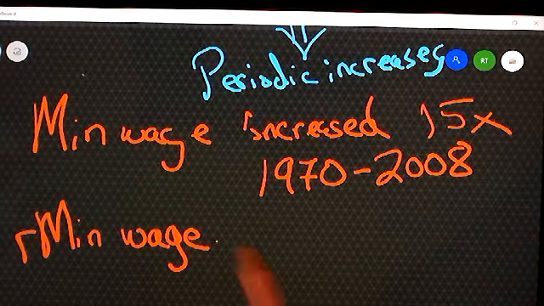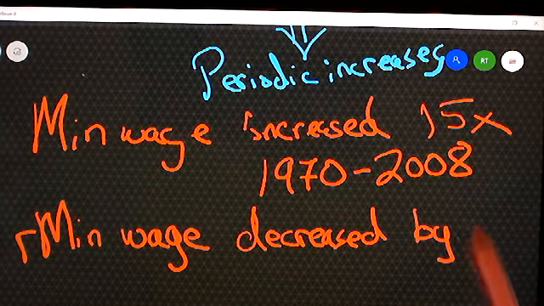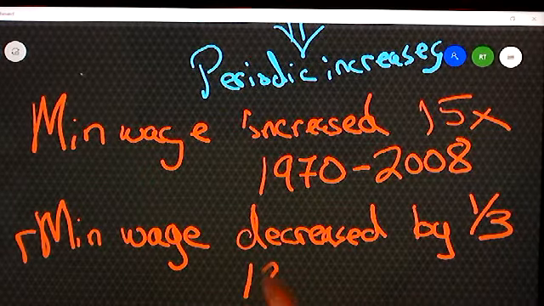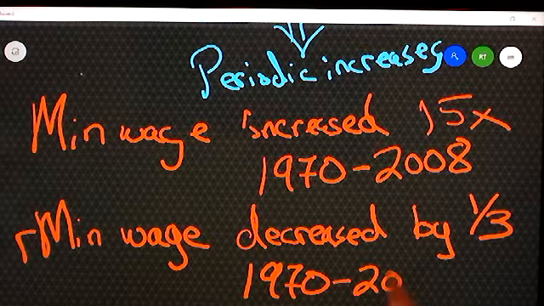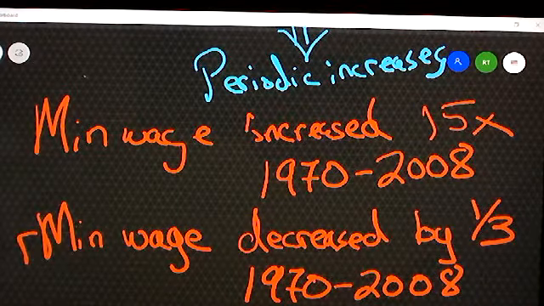Yeah, it went down. Decreased by a third. Screw those poor people, they've got to pick themselves up by their bootstraps. So our real minimum wage has decreased despite these periodic increases.